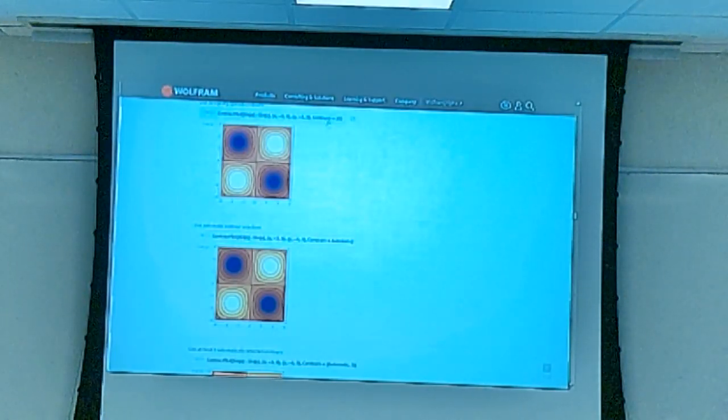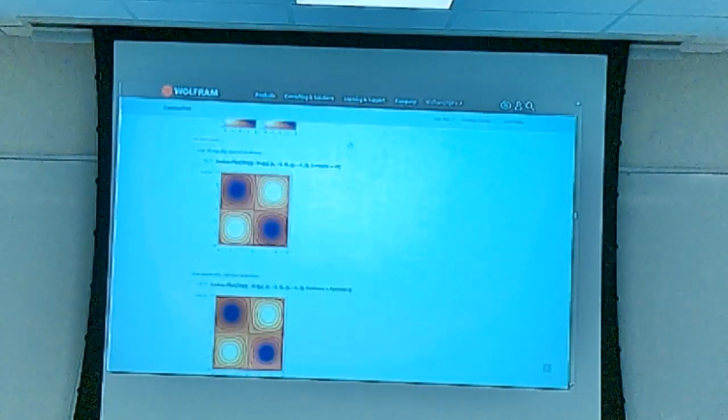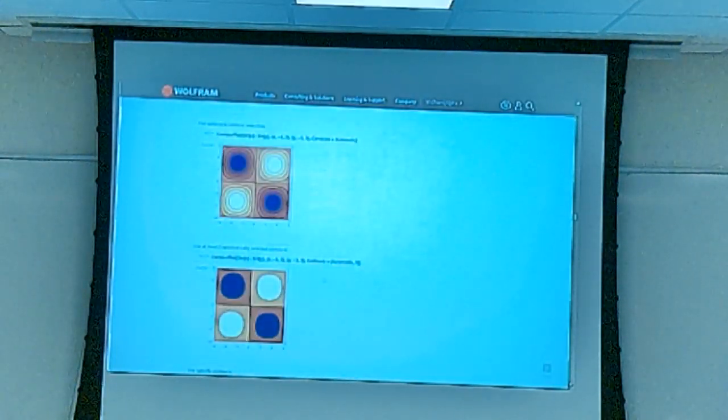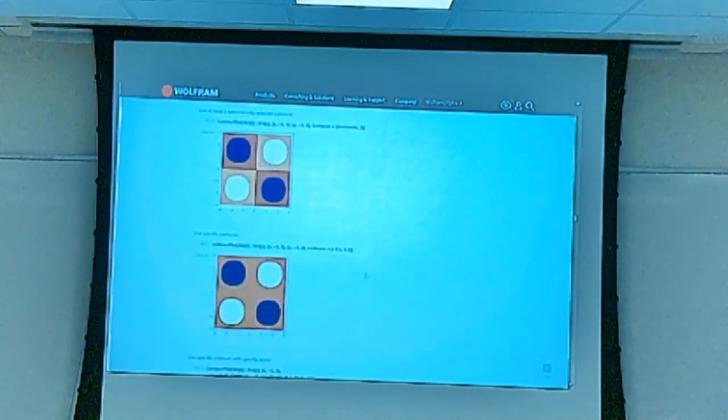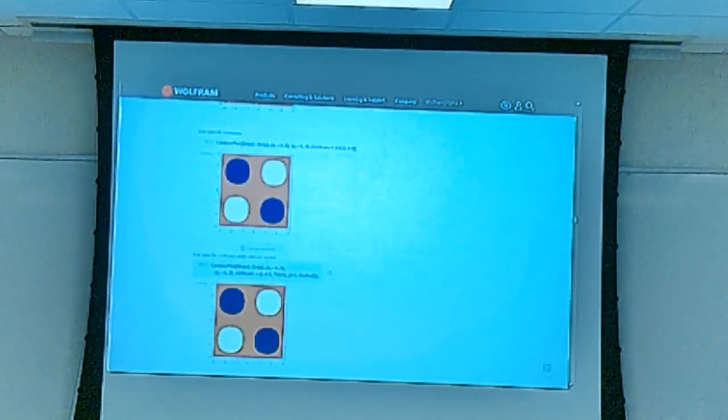But you can also tell it how many contours to give you, so that would give you 10 contour lines, and it's going to automatically choose them. And it's going to be equally spaced. That's kind of the same thing. Use at most 5 automatically selected contours. If you set it up this way, you can actually tell Wolfram which values of c you want. You can list out what values you want. And you can also change their style.